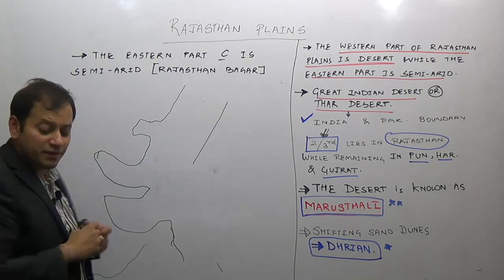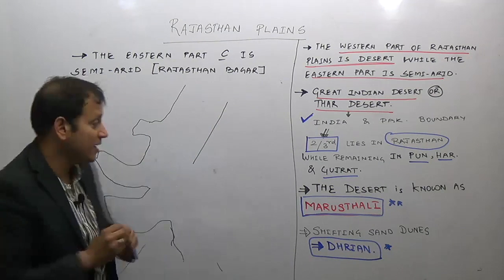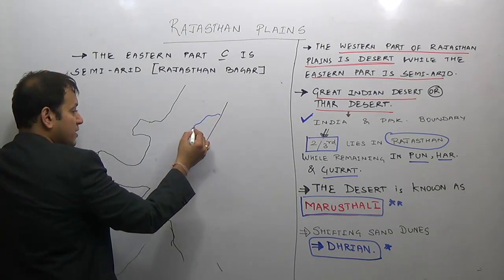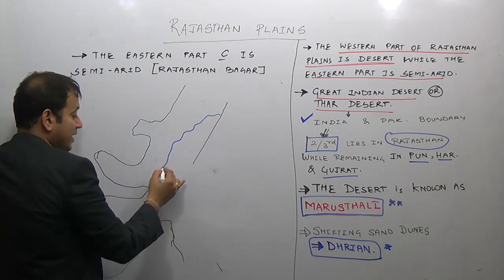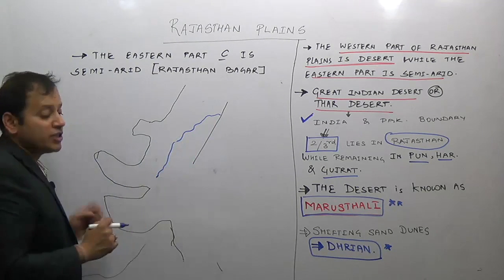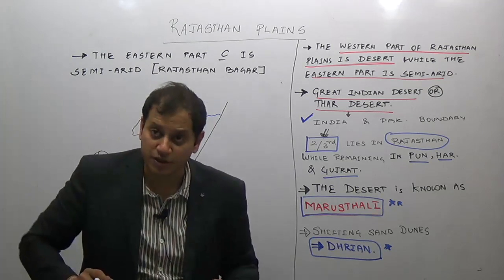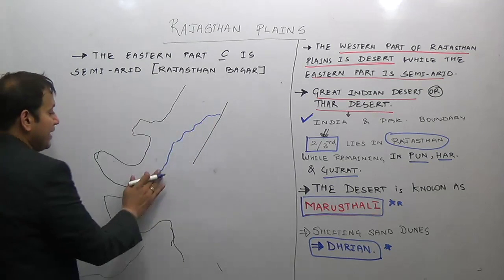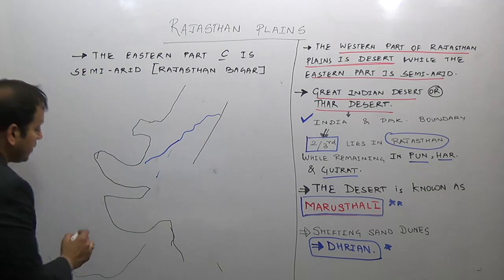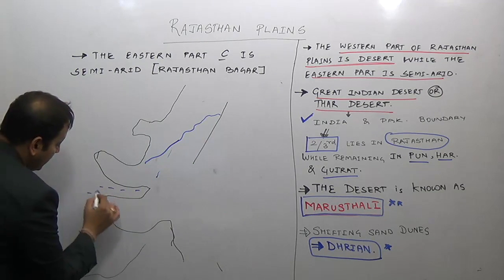There are numerous rivers which originate in Rajasthan, and these rivers flow through the entire Rajasthan and they go and end in the marshy land of the Rann of Kutch region, or they go and end on the land itself. They do not go and meet the Arabian Sea.